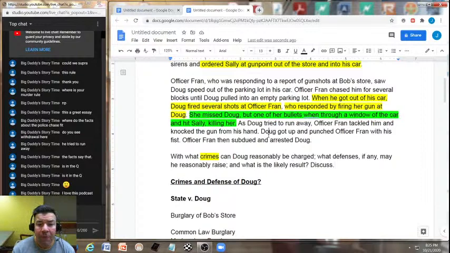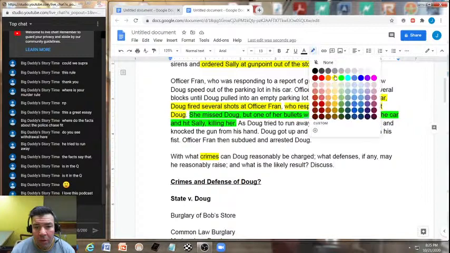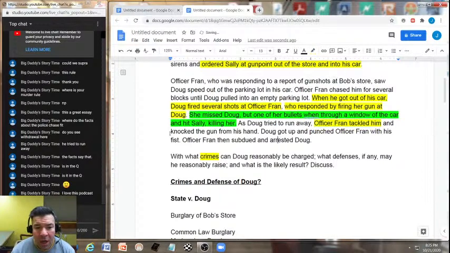The fact that Officer Fran tackled him and knocked the gun from his hand means she is not engaging in any deadly force; she's engaging in non-deadly force.